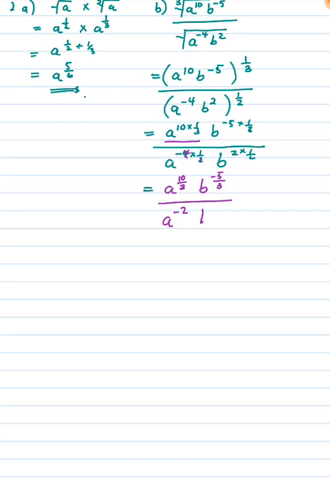Then b to the power of, if we cancel out this one, it becomes 1. Then after this we want to compare the two, so it becomes a to the power of 10 over 3 minus 2, then b to the power of minus 5 over 3, then minus 1.